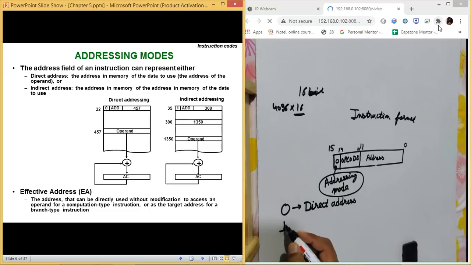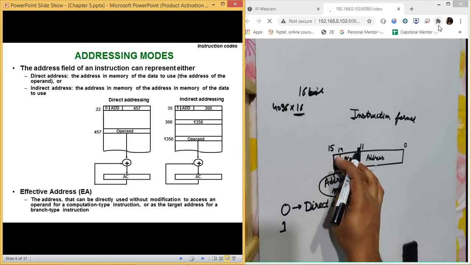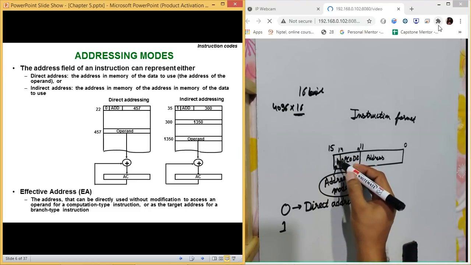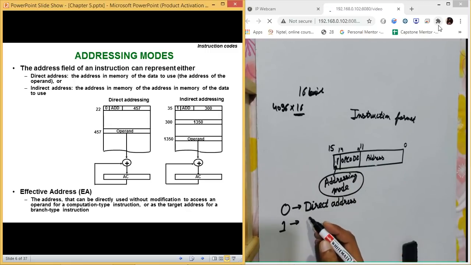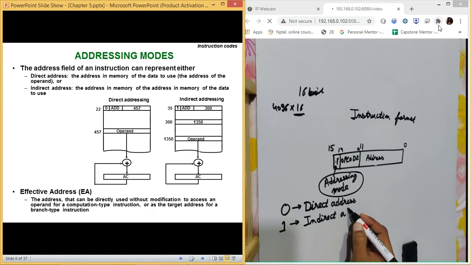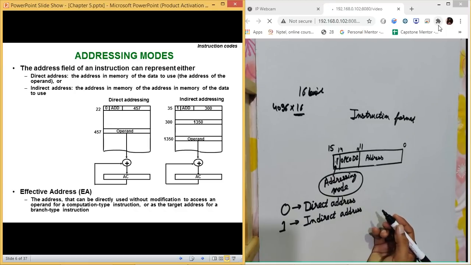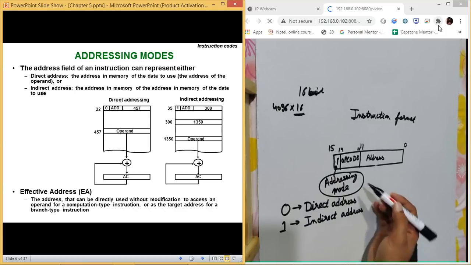If the value is 1 at this place, then it is an indirect address. After this we have the opcode.